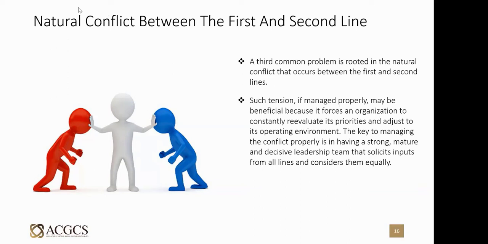At the beginning of any implementation of a framework there's obviously a lack of clarity about what the roles and responsibilities are, and there will be scope creep, and sometimes second line will push and try to tell first line what to do, and first line will obviously not like that or not want to do that.